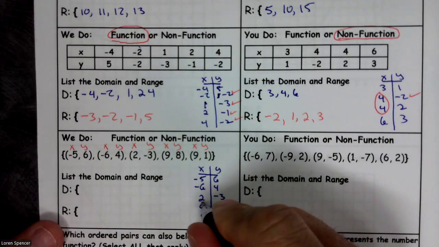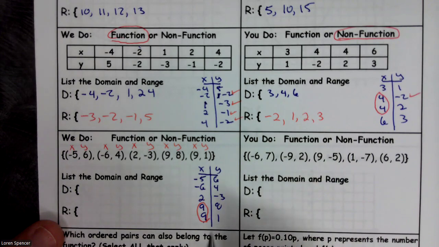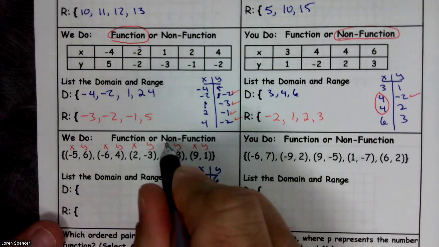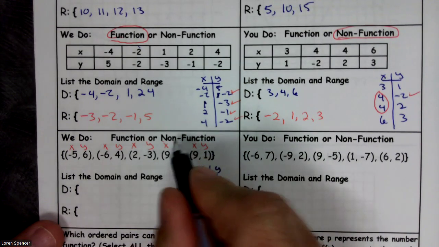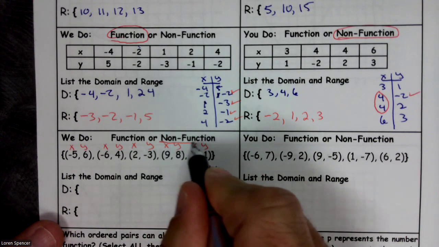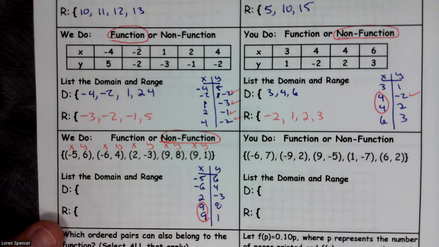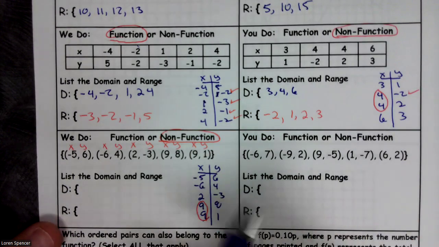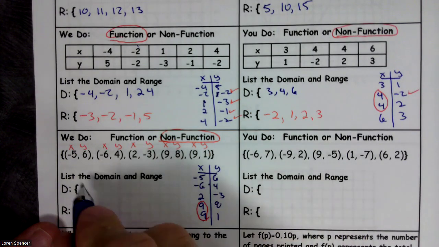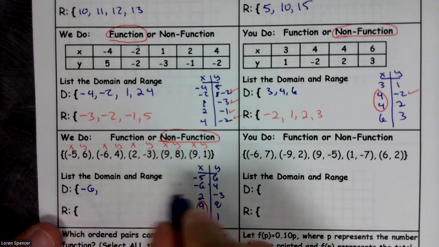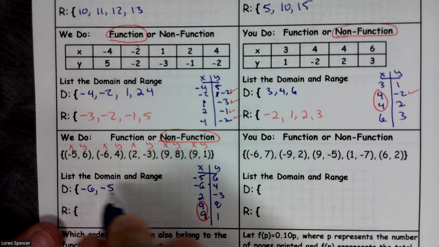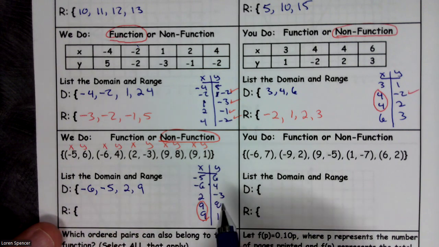And I notice these nines repeat. Because the nines repeat and x's cannot repeat, this is a non-function. Okay, listing in order from least to greatest. My smallest value, be careful, is -6. Then it's -5. Then it's 2. And then it's 9.